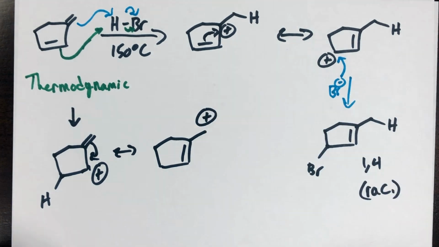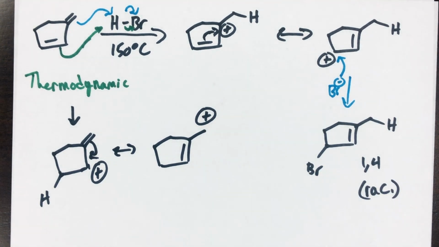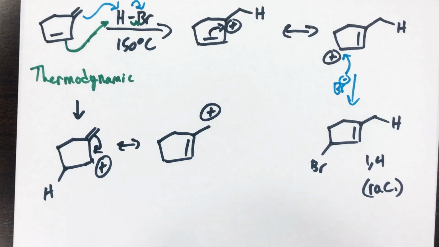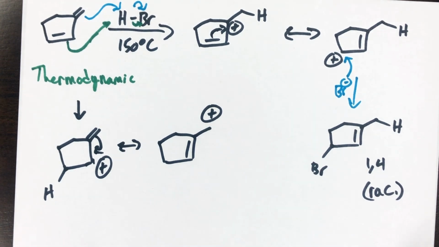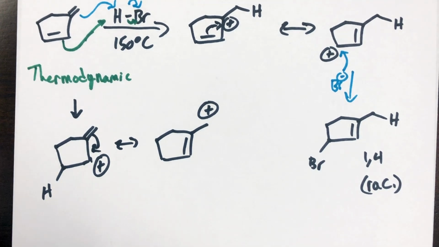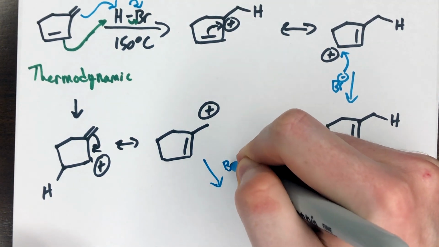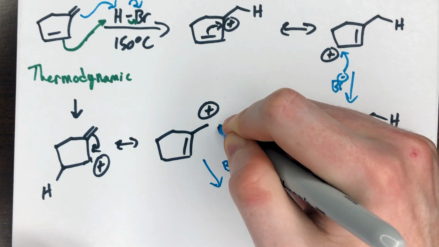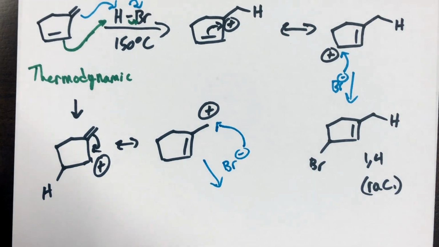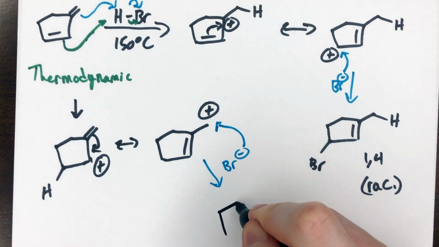Now in this case, it forms a primary, but it's also allylic, so it's sufficiently possible. And we form a more stable alkene, which is ultimately the driving force of the product formation. And then the bromine is now floating around. That can attack here, and this gives us the other product.